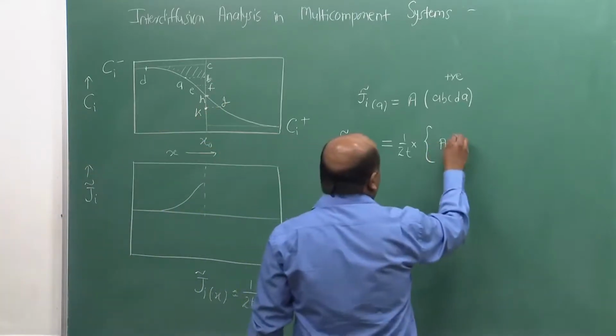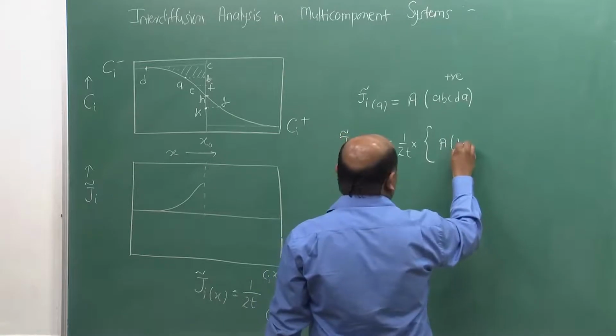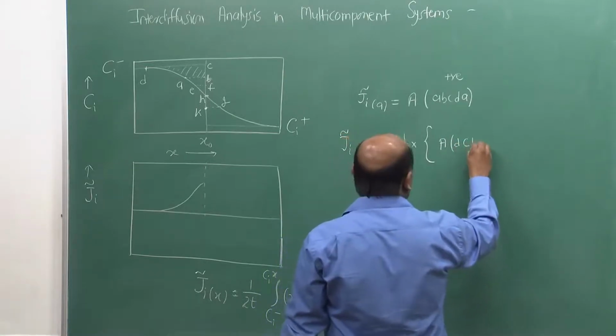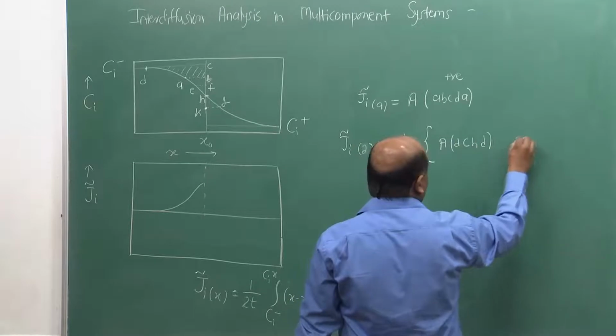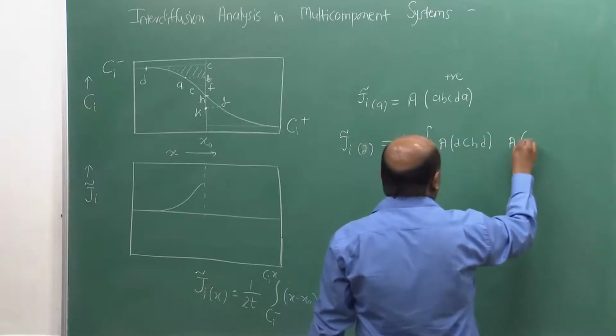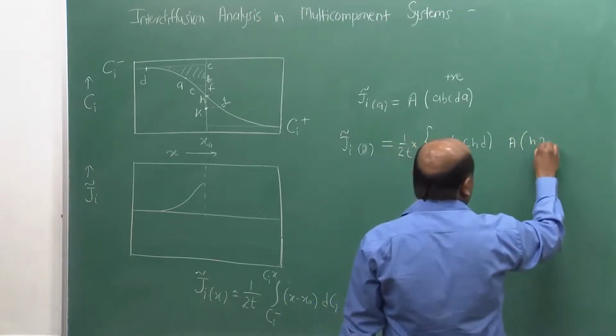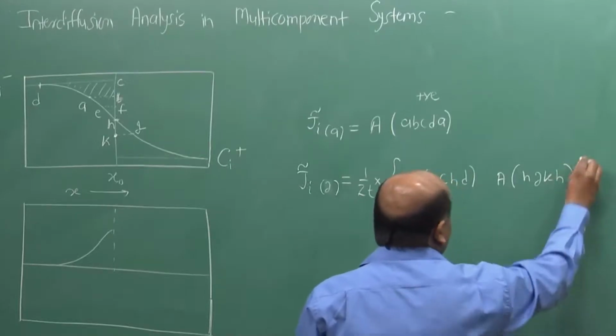So, this will be area DCHD and area HGKH.